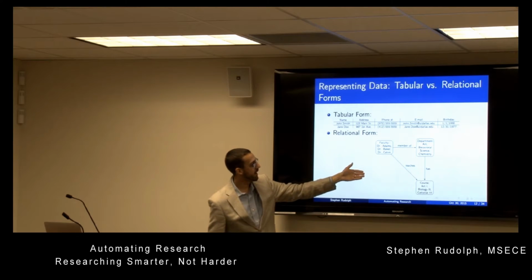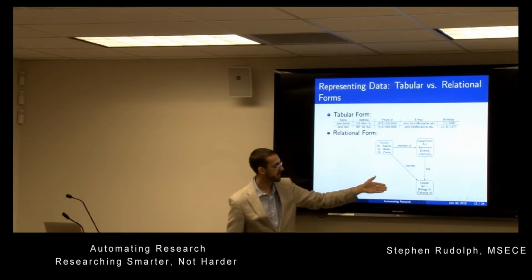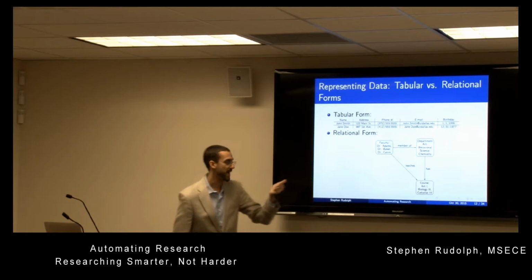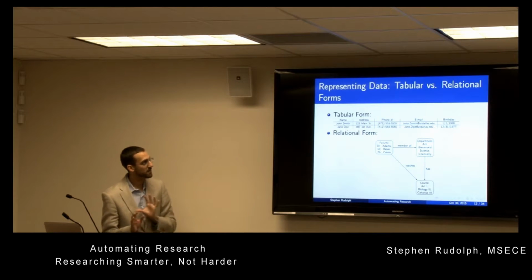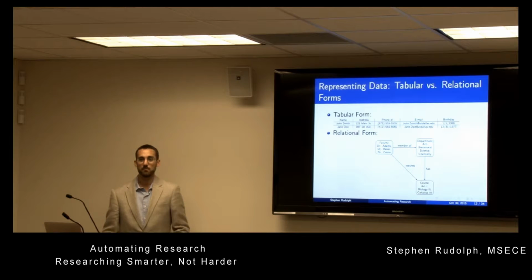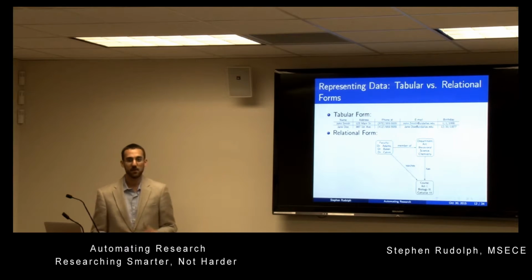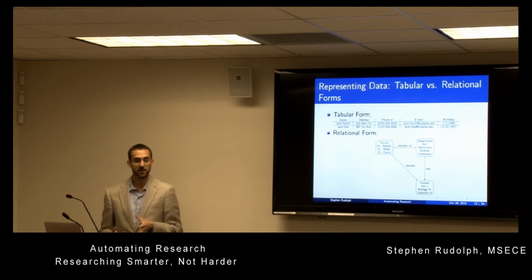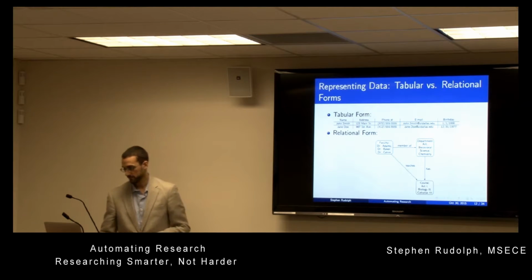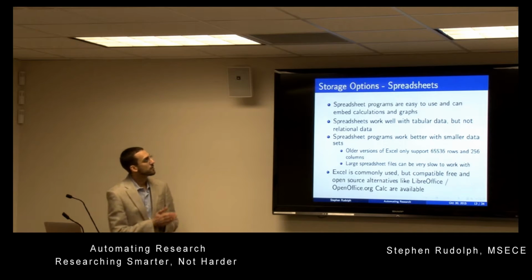Each department is responsible for a set of courses. Each of those courses is then taught by a member of the faculty. It can be possible to sort of contort that into a tabular form, but it's much more cleanly represented in a relational form. And there are some things you can do with it when it's in a relational form that I'll show you in a minute.